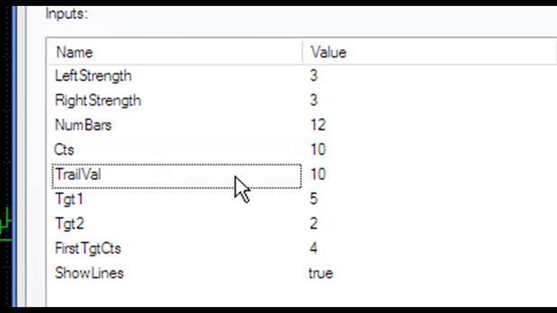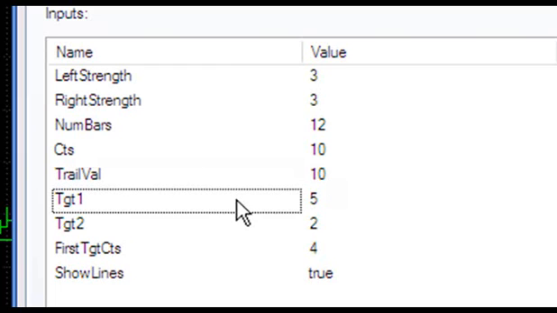Trailing value. Incidentally, trailing value and target 1 and target 2 are expressed as a multiple of the minimum move of the particular thing that we're analyzing, in this case the S&P E-mini on 15-minute bars. So trailing value is the amount that we trail by. Target 1 is 5 multiplied by the minimum move above the entry price, or below the entry price for a short.